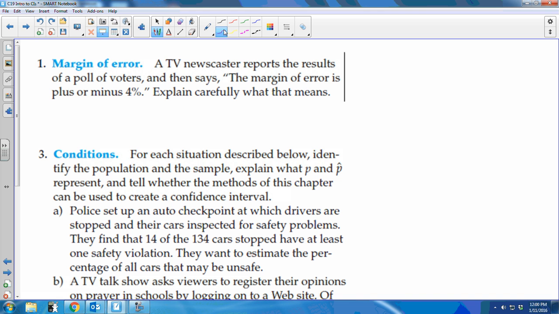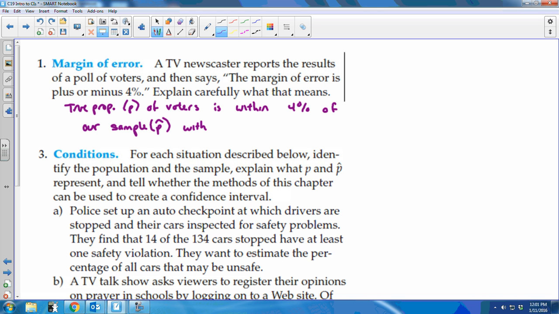Well, that means that the true proportion, P, of voters, that we don't know what they voted for, is within 4% of the sample proportion with some level of confidence. They don't really tell us any information.